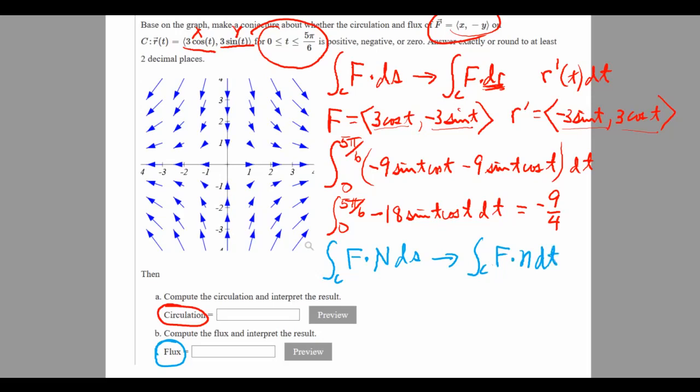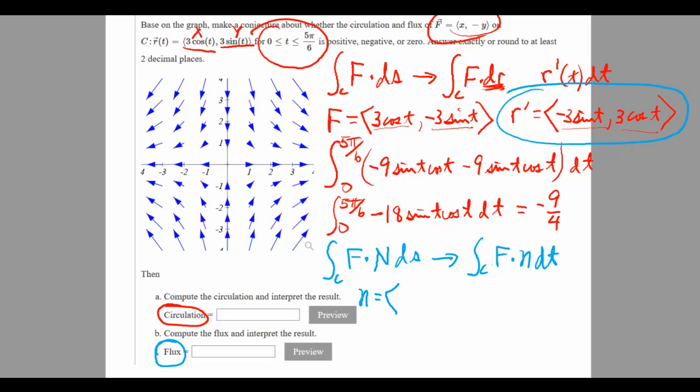And I showed you in the lesson video why that works the way it does. So let's find a normal vector. Now, a normal vector can be found from the tangent vector simply by reversing the two components and doing the opposite of one of them.